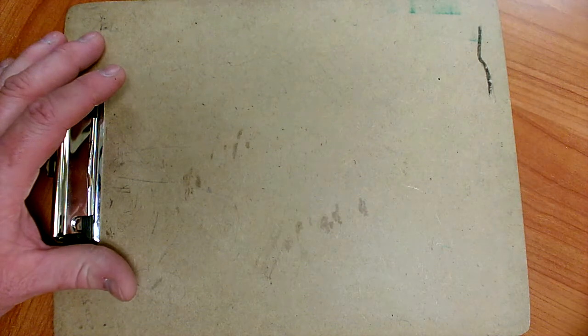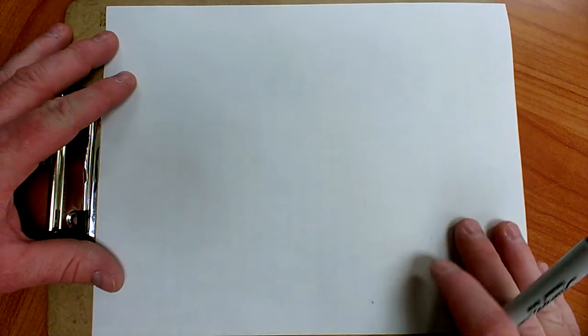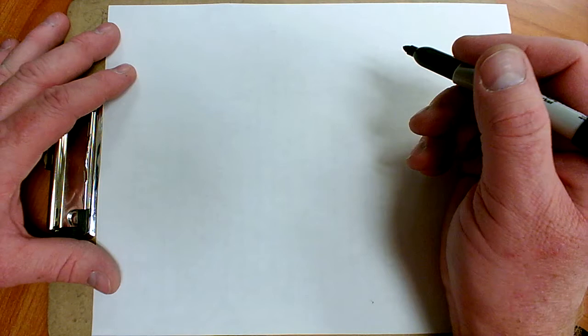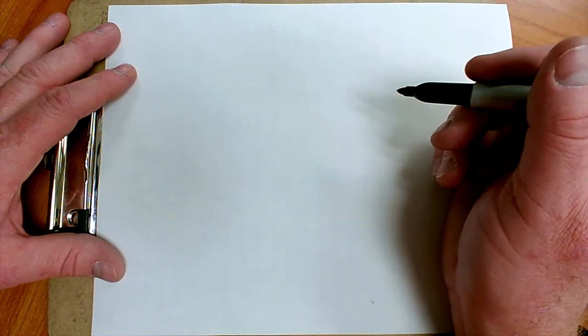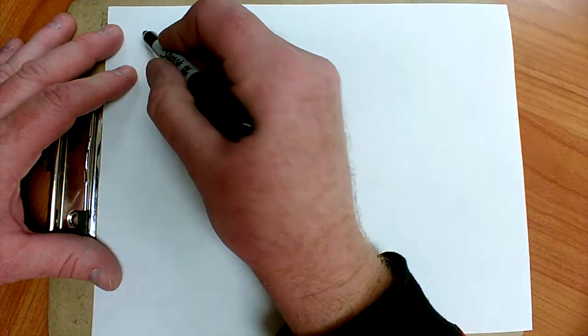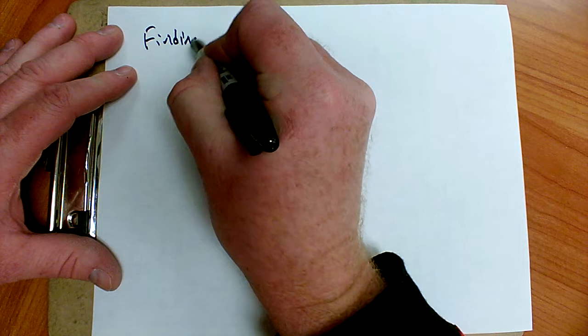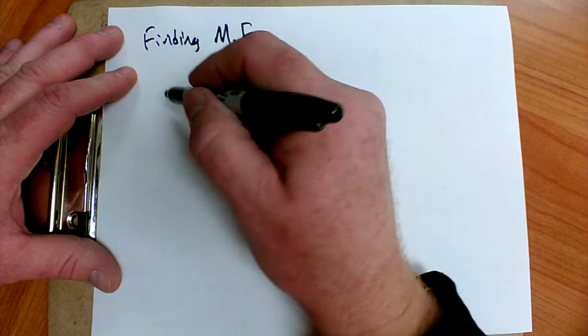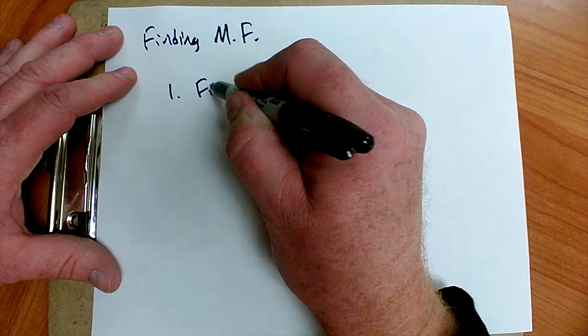So suppose I want to find the molecular formula. Okay, so the molecular formula, remember, is the true formula, the actual number of atoms, not just the smallest whole number ratio. So finding the molecular formula, I'm going to just call that MF for molecular formula. Step number 1 is to find the empirical formula.